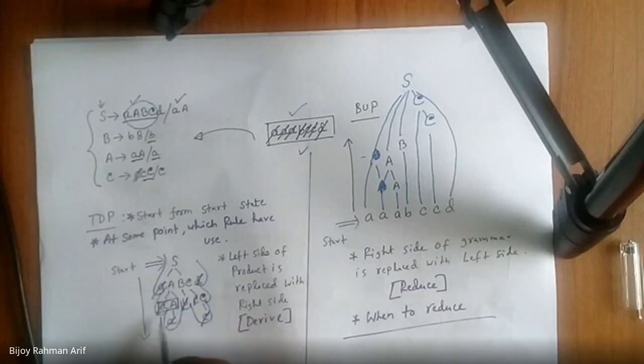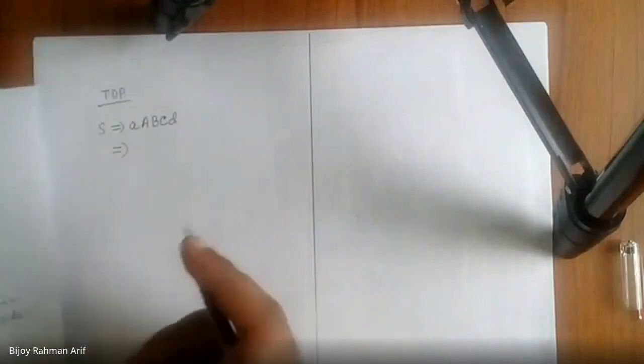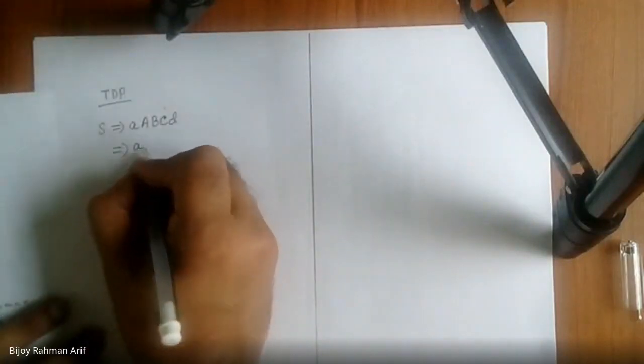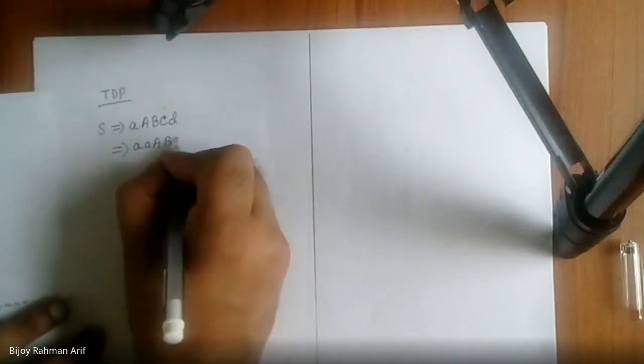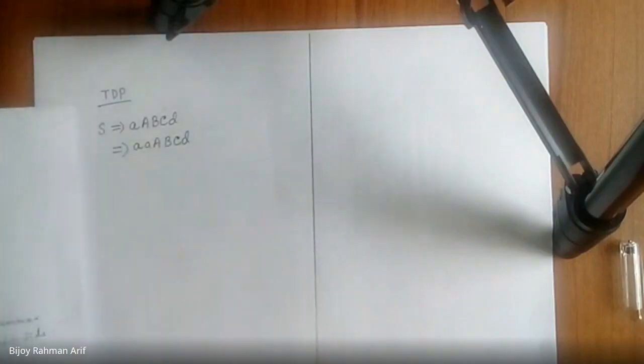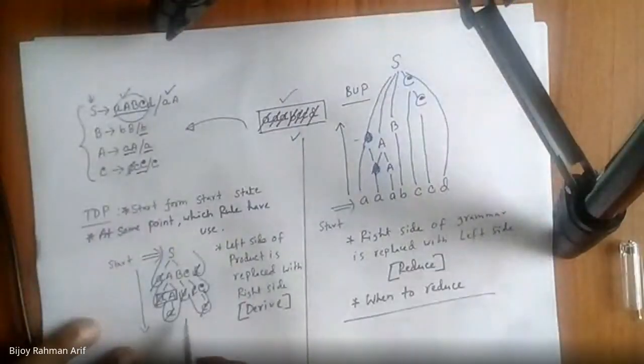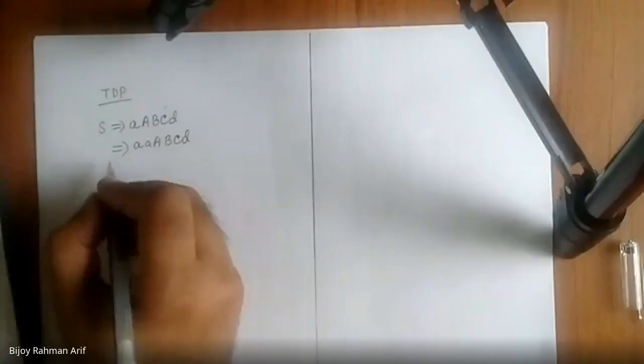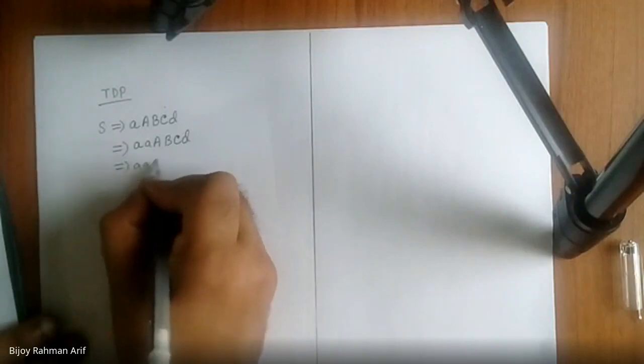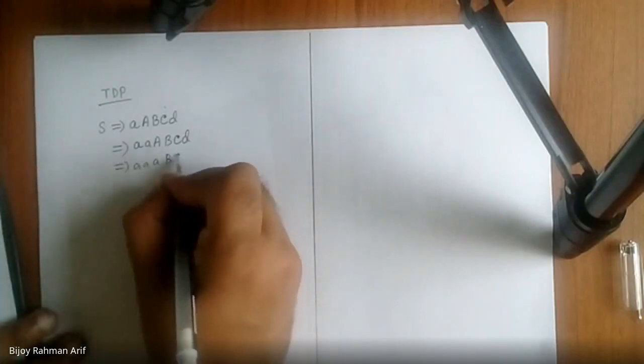This capital A becomes small a, capital A. Then what is my next step? This capital A becomes small a. Then what is my next step? My capital B becomes small b.